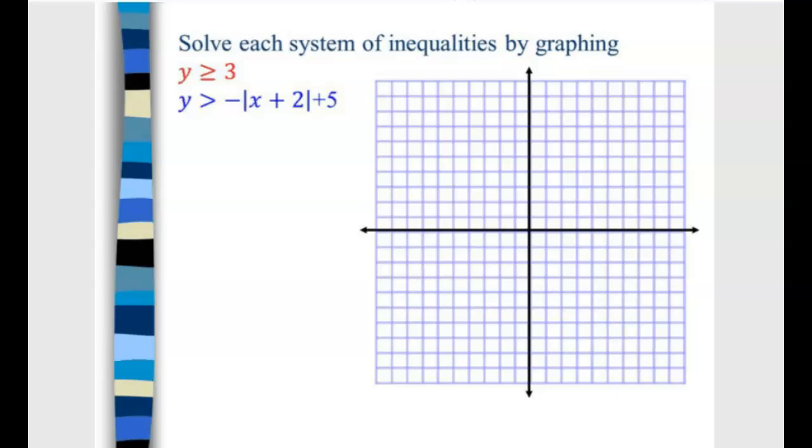Alright, so now we have a system of inequalities with absolute values and a horizontal line. So if y is greater than 3, we have a horizontal line at 3. If y is greater than, are we shading above or below?